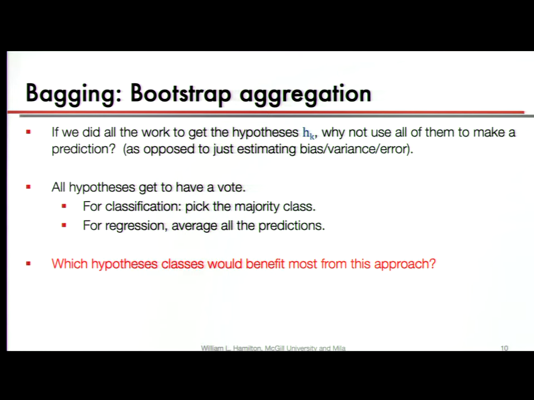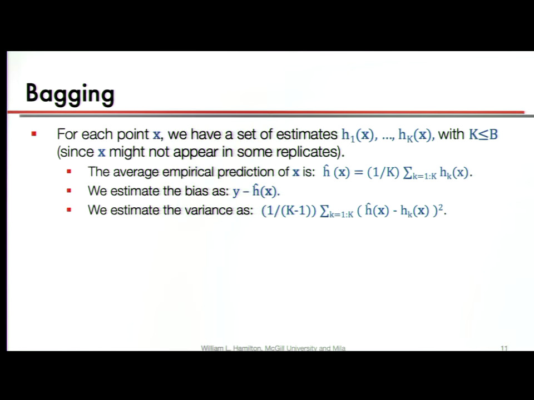So that's the motivation here, and you might wonder, when is this kind of thing actually going to help? Well, first off, the motivation for why we do bootstrapping is that it allowed us to compute, say, the bias or the variance of our model, and we said that we can get a good estimate of the variance of our model by comparing the predictions that we make using any one of these random resampled data sets to the average prediction that we make.